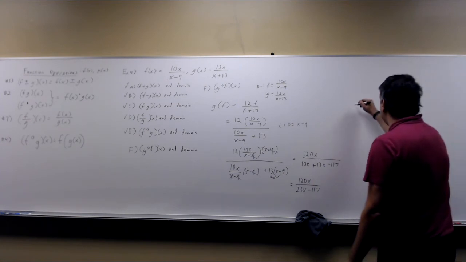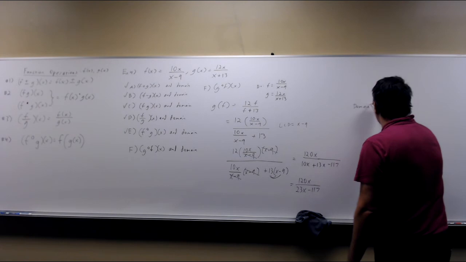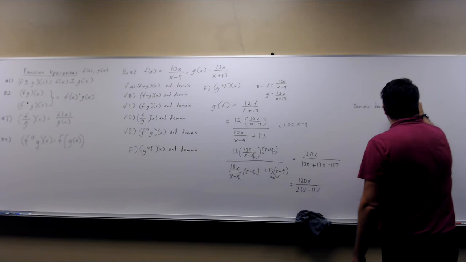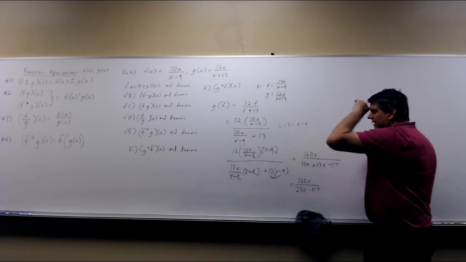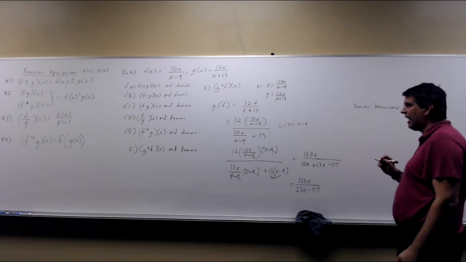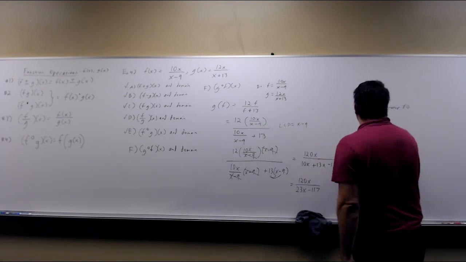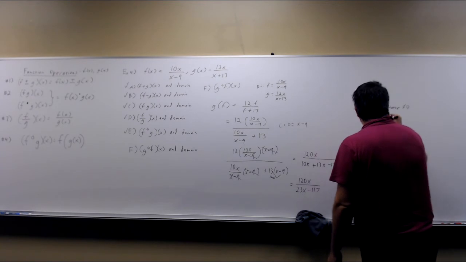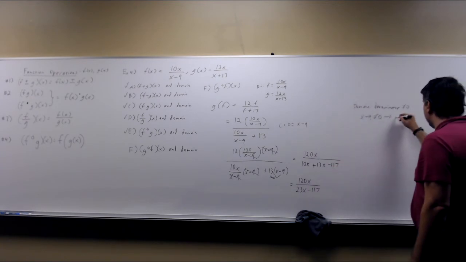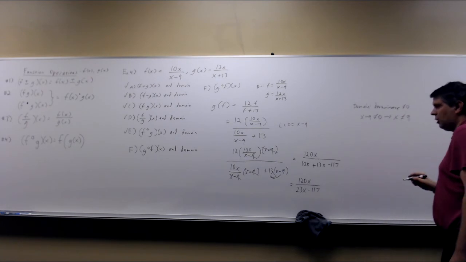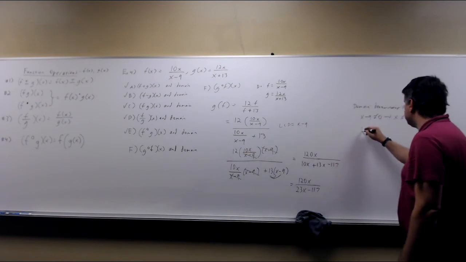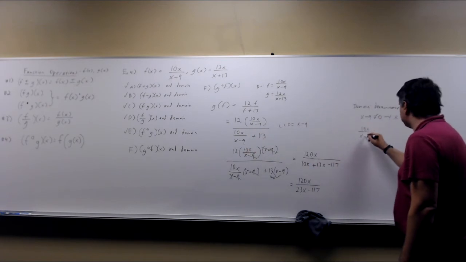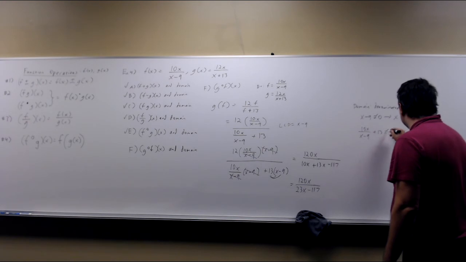The domain. Denominator cannot equal 0. So at any step, if there's a denominator that equals 0, we have to exclude the value that would lead to it. So obviously x minus 9 cannot equal 0. We had that discussion in part A, x cannot equal 9. We also cannot have 10x over x minus 9 plus 13 equal to 0.